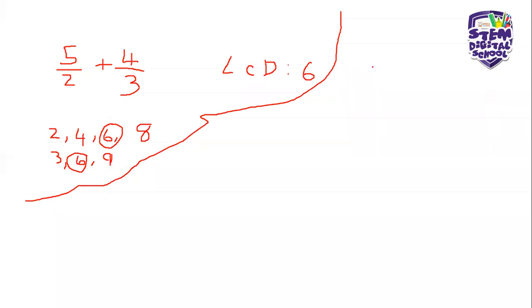So let me start here. I've got 5 over 2 plus 4 over 3, and then I start. To change this into 6 is times 3, times 3 on top.